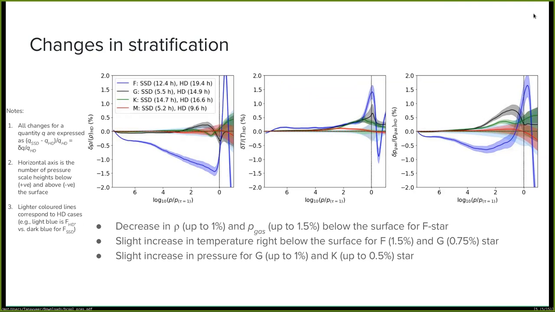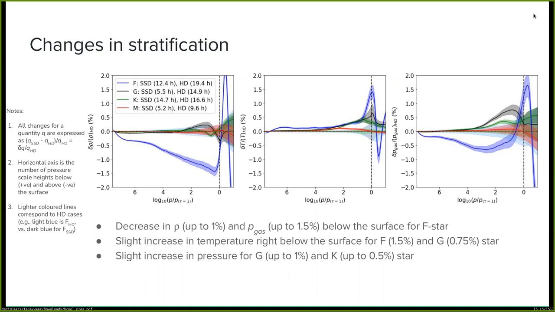The x-axis is the number of pressure scale depths below the surface, with 0 corresponding roughly to the surface. One thing you'll notice is that the G, K, and M stars have pretty negligible deviations in density compared to the F star, which goes up to almost a 2% decrease near the surface.